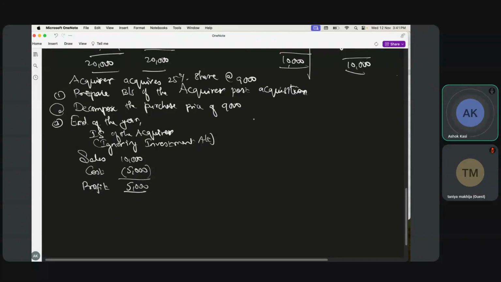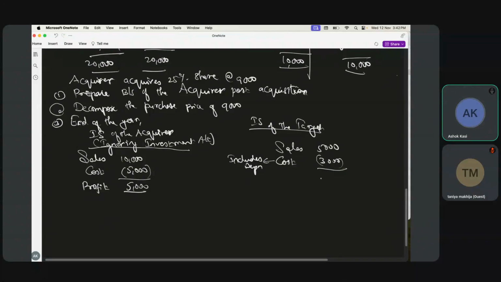And the income statement of the target company: sales 5,000, cost 3,000, so this includes depreciation. Then 2,000 is the profit.